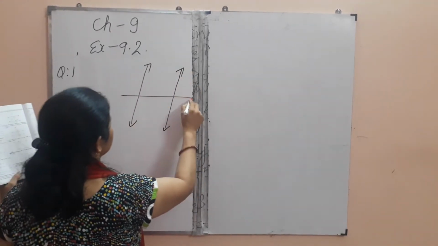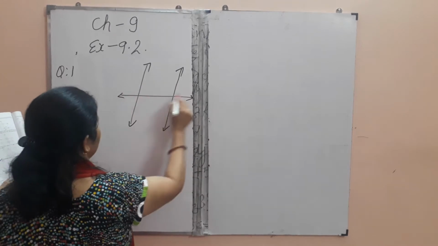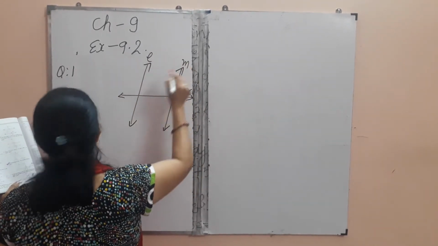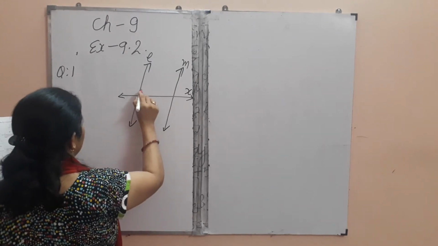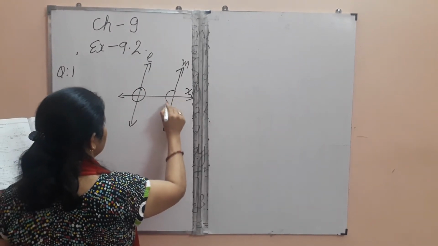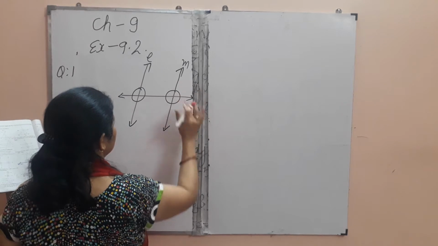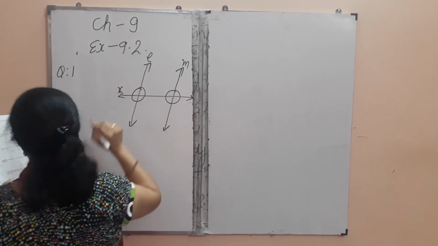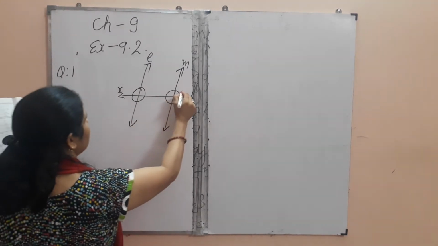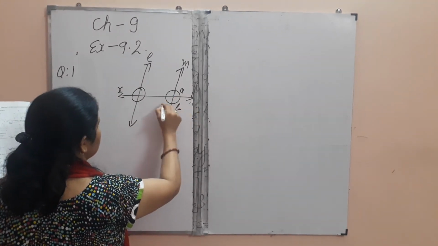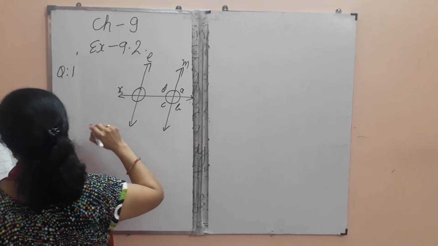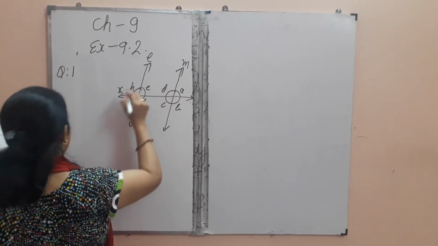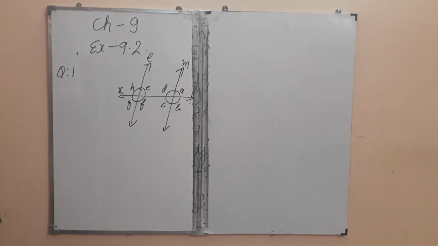This is L, this is M, and this X is the transversal. And the angles formed, this is X, we will write here. The angles formed are A, B, C, D, E, F, G and H. These are the angles.